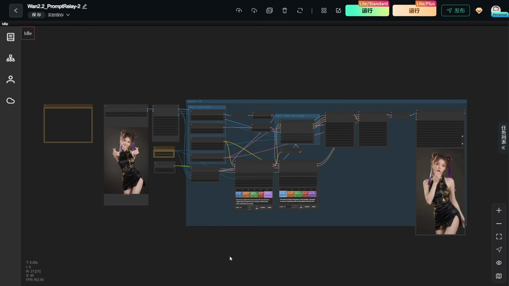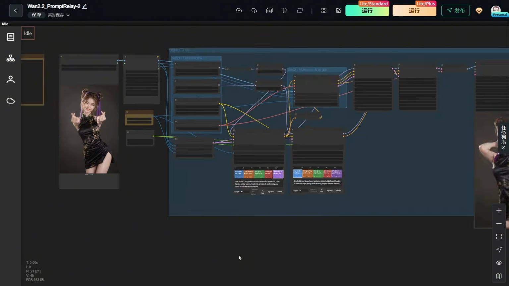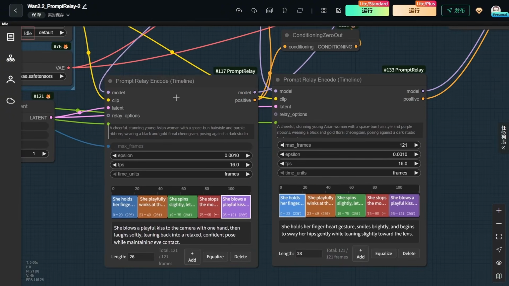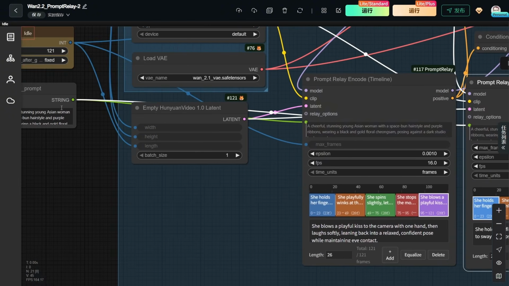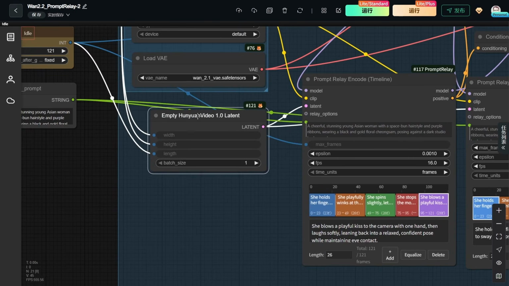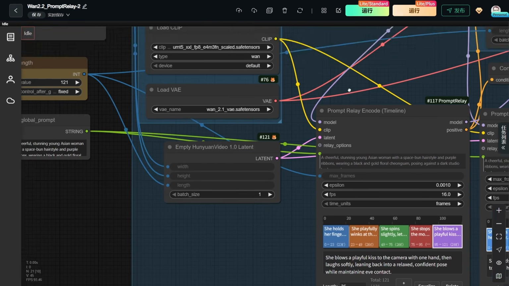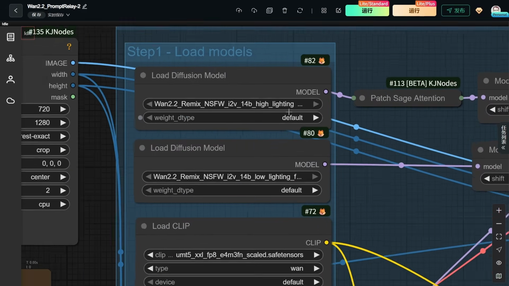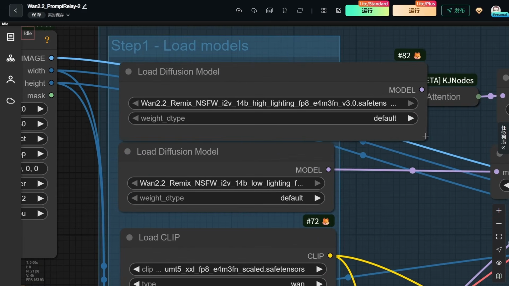First, let's take a look at the Wan 2.2 prompt relay workflow. The structure of this workflow isn't very complex. It is essentially a Wan 2.2 image to video workflow. We just need to replace the prompt node with the prompt relay timeline control. Next, let's look at the model loading. For the selection of the Wan 2.2 main model, I didn't choose the official high noise or low noise models.